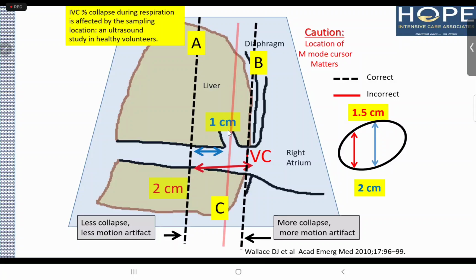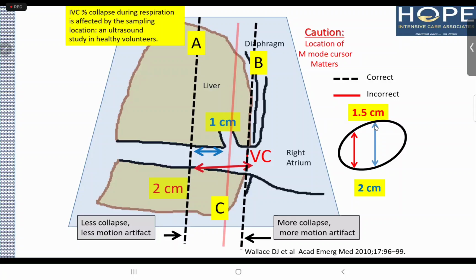This will overlap where the hepatic vein is entering into IVC, which can falsely over-measure, so the IVC diameter can be falsely overestimated. And this tubular artifact needs to be considered because IVC is an oblique oval. Where you measure matters the most.